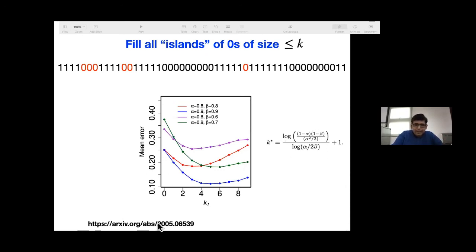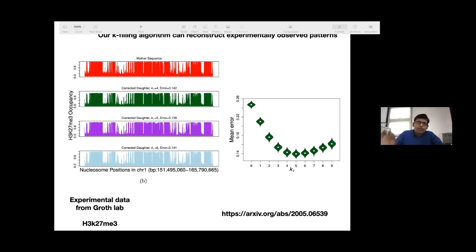The details can be read in this paper, which is now on arXiv. So this is what we find in our work, and we now apply this to experimental data. This is experimental data for H3K27me3 in certain HeLa cells, and this is the mother sequence pattern which is known in the steady state.